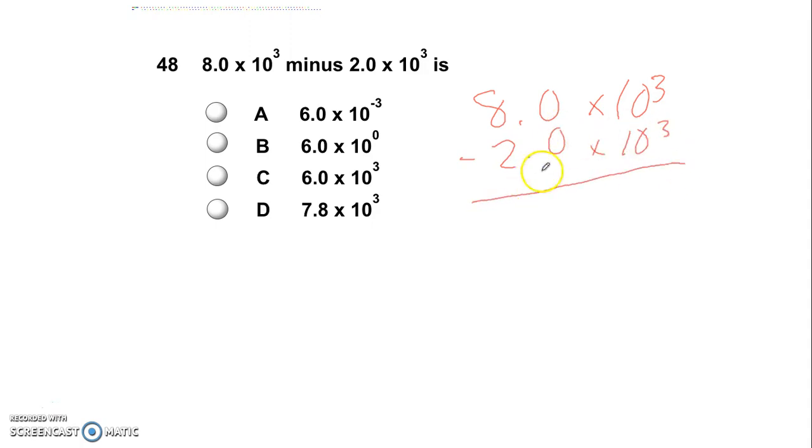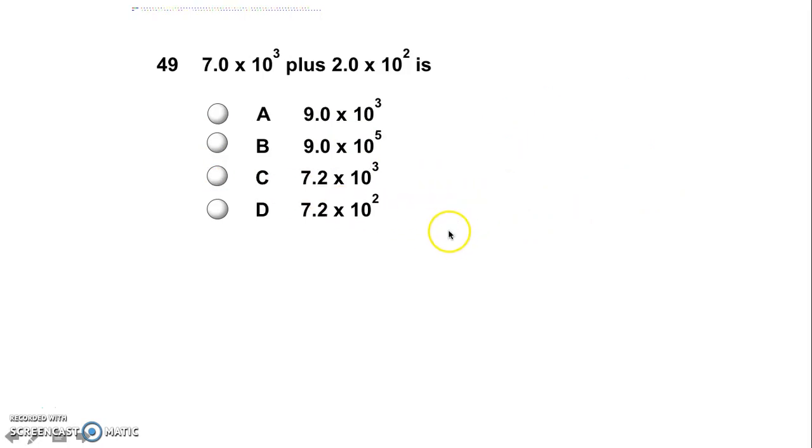We've been doing a lot of addition examples, but as you recall, it's the same thing. Since the exponents are the same, we have 8 minus 2, which is 6. Since it is 6.0 in this case, you need to keep it the same. It's not just 6. So 6.0 times 10 to the third. So our answer this time is letter C.